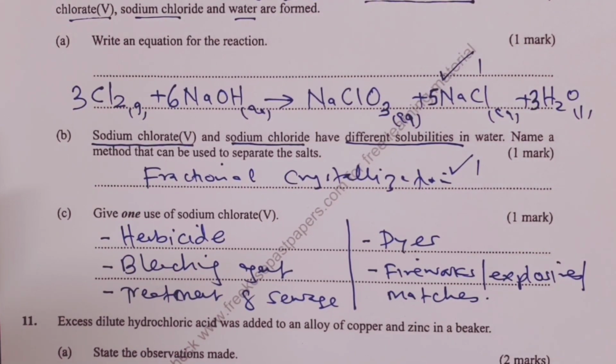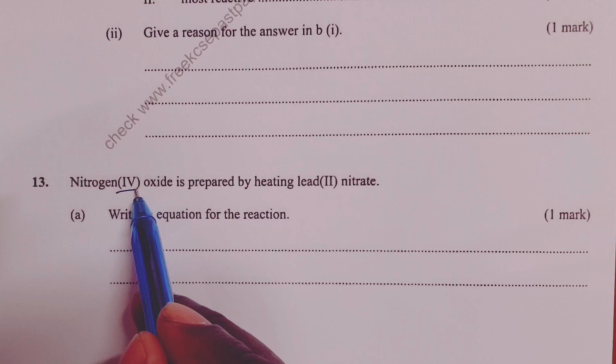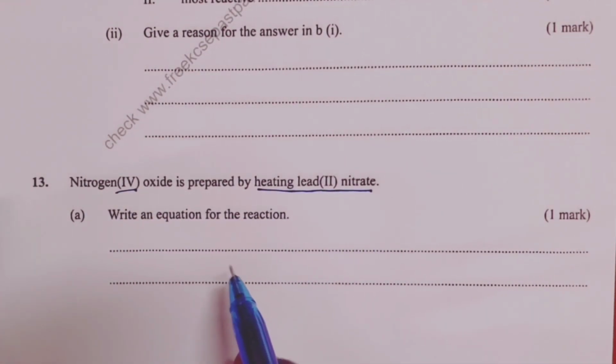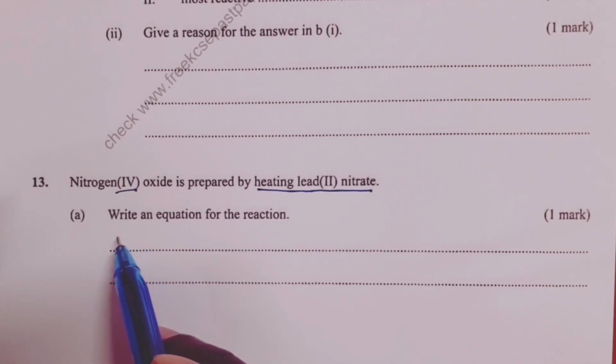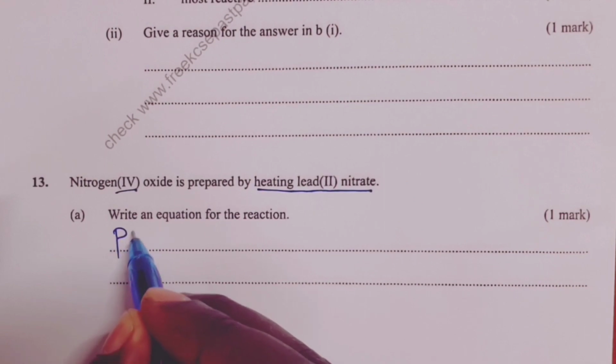Question 13 tested nitrogen and its compounds. So in part A, we are told that nitrogen 4 oxide is prepared by heating lead 2 nitrate. We are asked to write an equation for the reaction. Quite easy.